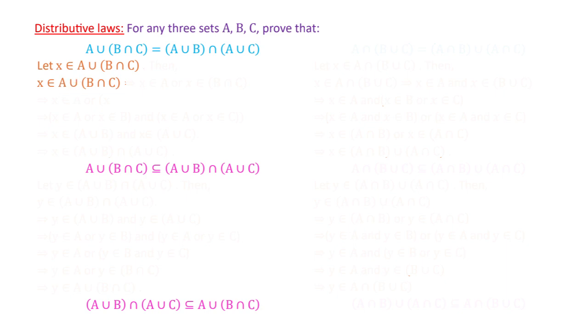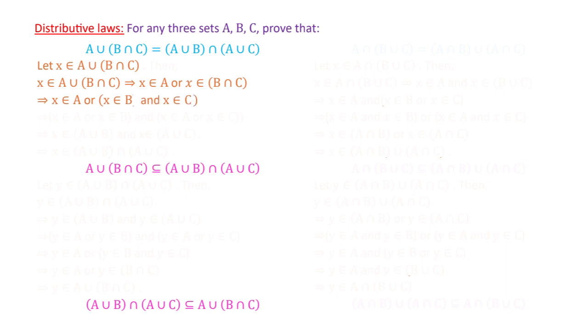So X belongs to A, or X belongs to B intersection C. Now in place of this intersection we can write AND. So we can write X belongs to A or X belongs to B and X belongs to C.